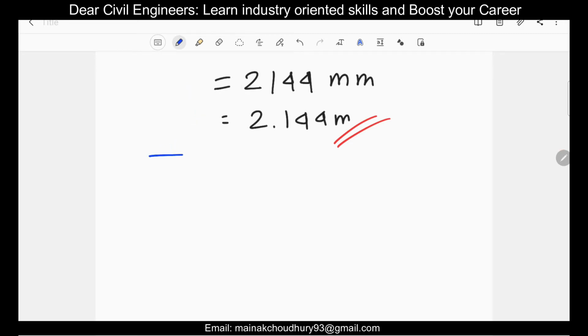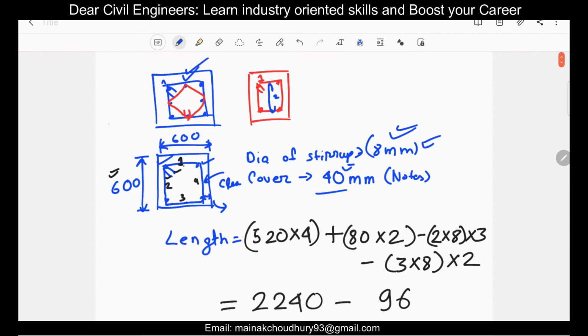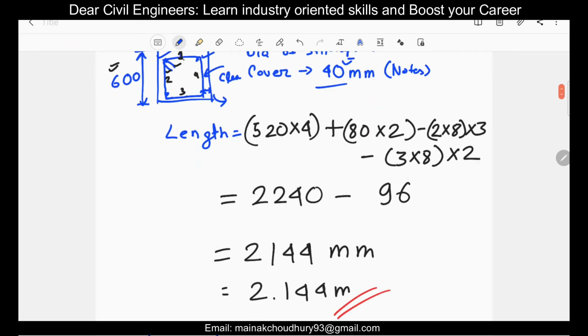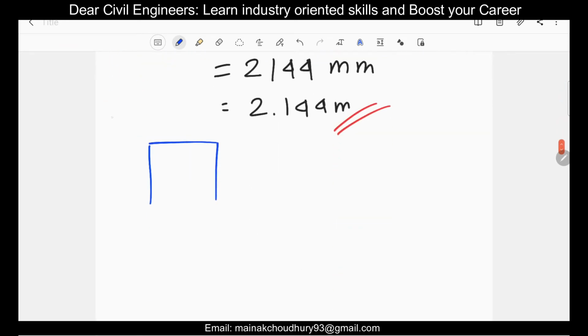So suppose we have a column. Let's give this as problem number 1. This is the simplest one. So now I'll give problem number 2 here. Here we'll have different column sizes. Suppose this is your 600 and this is your 400.